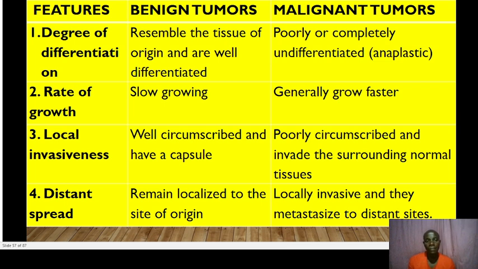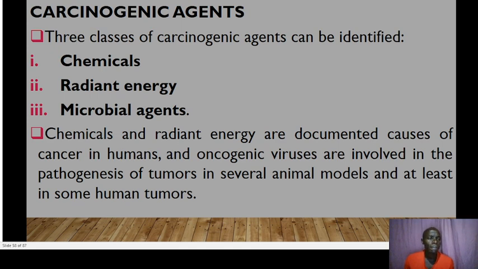In local invasiveness, benign tumors are well circumscribed and have a capsule, whereas malignant tumors are poorly circumscribed and invade the surrounding normal tissue. Lastly, in terms of distant spread, benign tumors normally remain localized at the site of origin, whereas malignant tumors are locally invasive and may metastasize to distant sites.